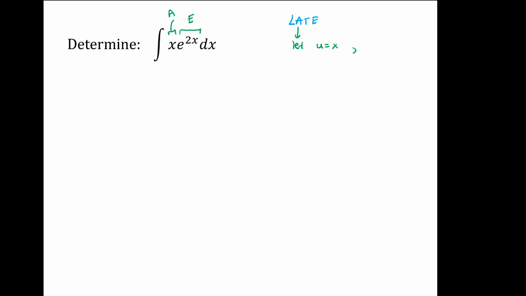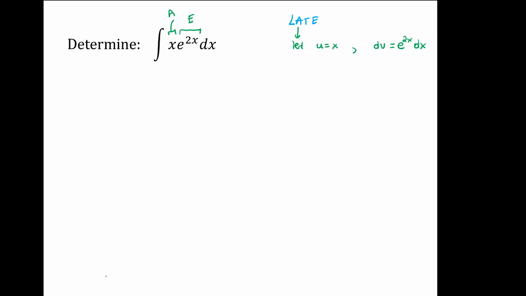That means dv has to equal everything else. dv is going to be e to the 2x dx. Again, the dx and the dv always go together. They're always a pair.